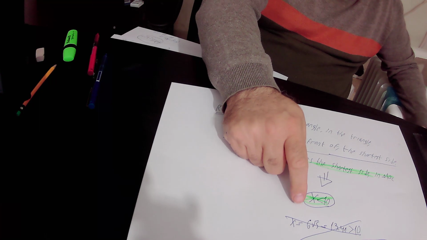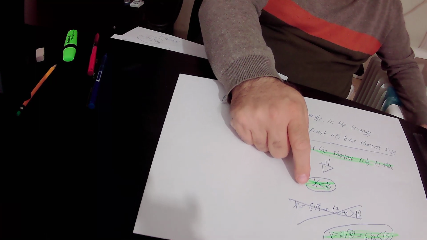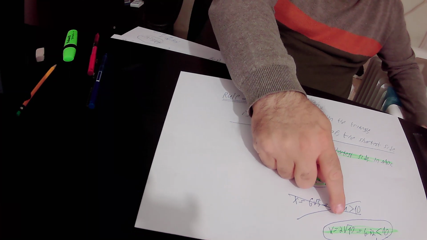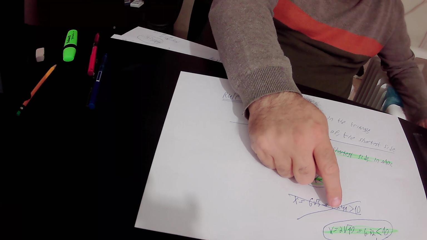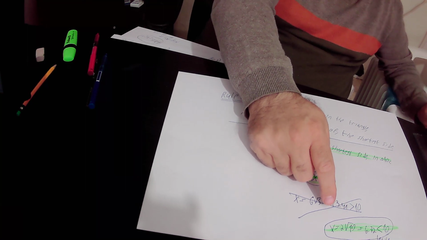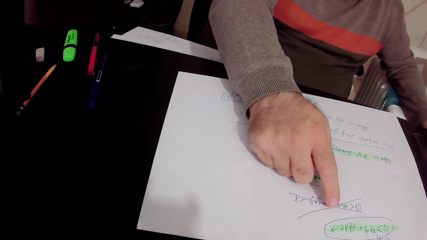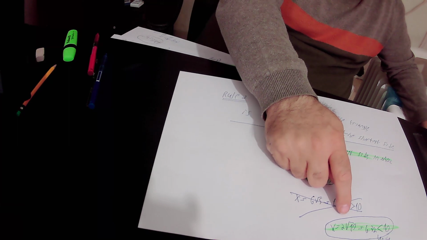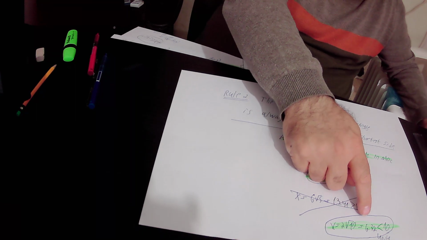Therefore, this solution is incorrect, and we are left only with the solution that X equals 2 times square root of 10, that is 6.32 units, which is less than 10 units. So the answer to the question is that the length of line segment X, that is AD, is 2 times square root of 10 units, or in numbers, 6.32 units.